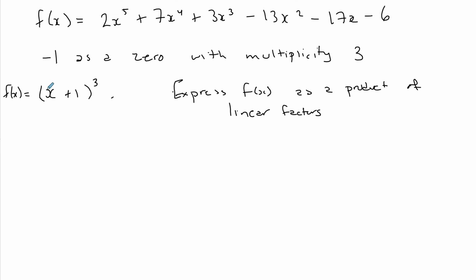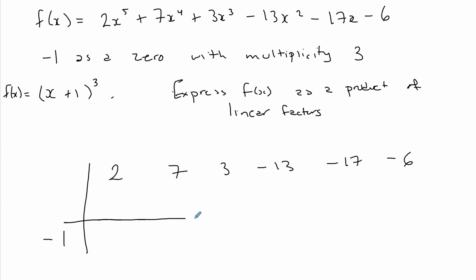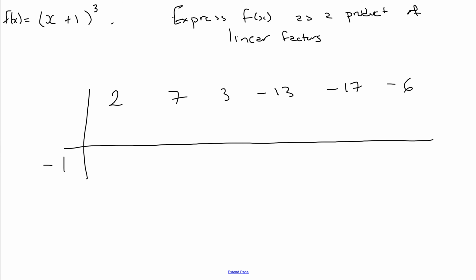If I try synthetic division with -1, I'm going to write 2, 7, 3, -13, -17, and -6. And then I am doing synthetic division by -1. Doing this really quickly, 2 goes down, -2, add these together, 5.